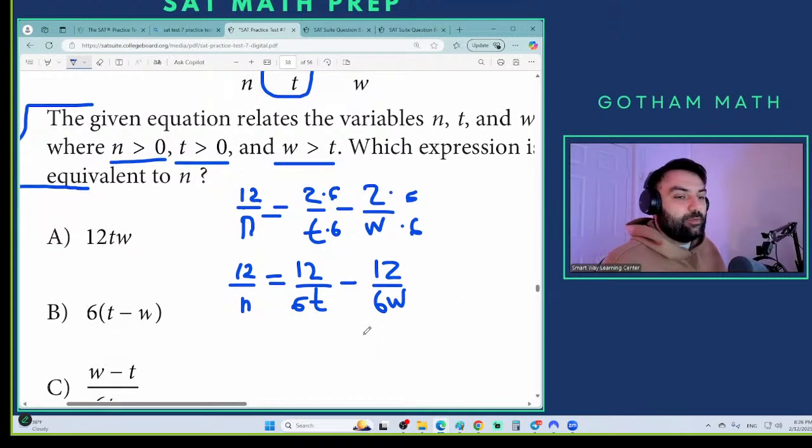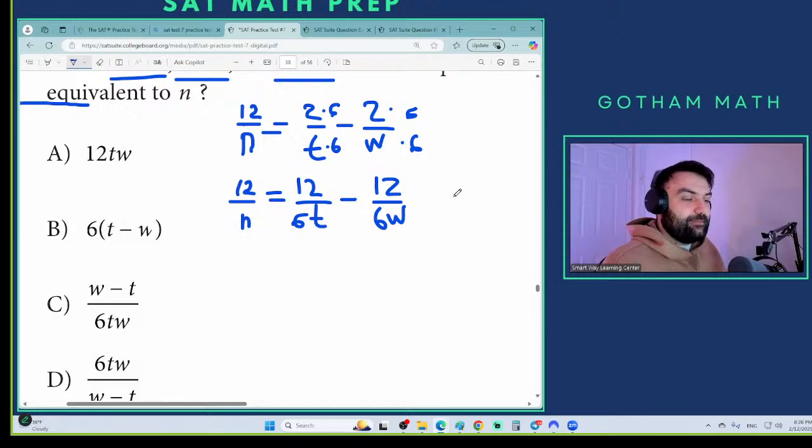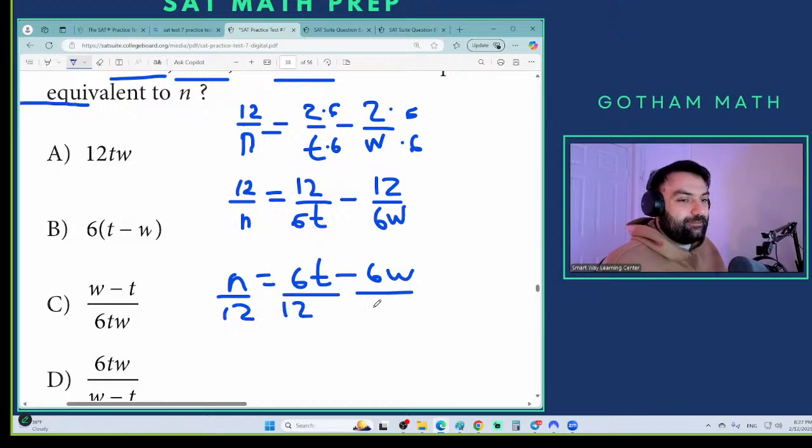And now, since we have the same numerator, we can flip everything around. So it's going to be n equals 6t minus 6w, and it's all under the 12 denominator.